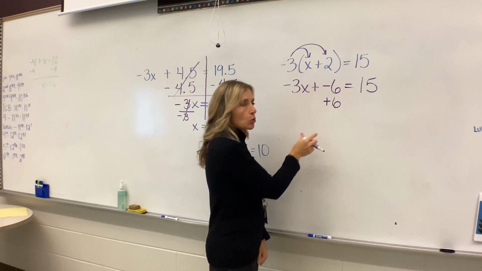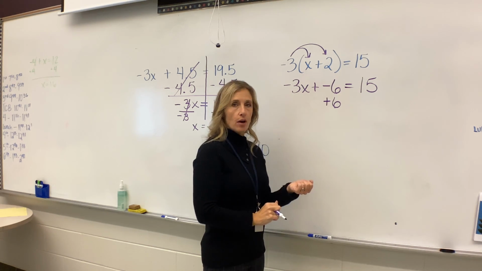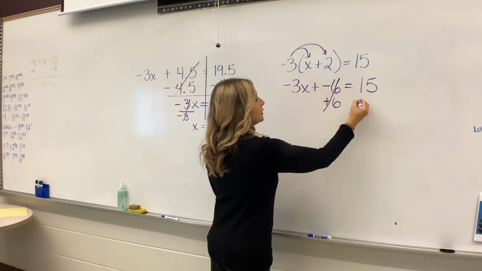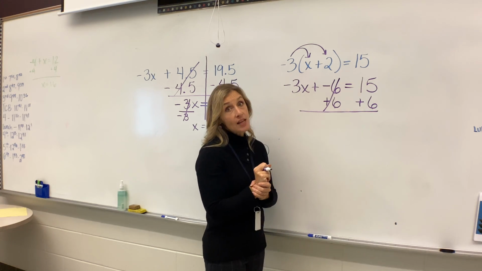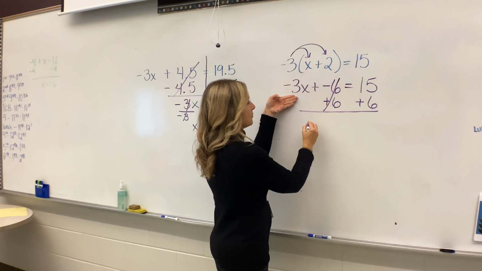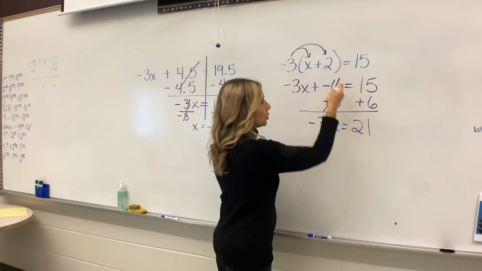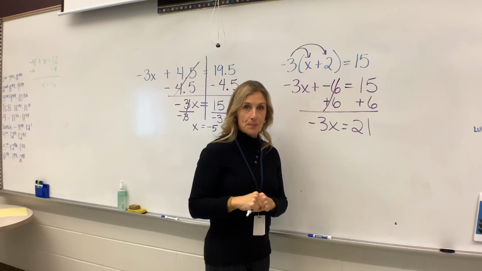I need to make it equal 0. What would I put with -6 to equal 0? +6, because they're opposites. Whatever I do on one side of the equal sign, I'm going to do the same thing to the other side. That's the golden rule of algebra. I'm left with -3x equals 21. Those are gone. I write down what I'm left with, a one-step equation.